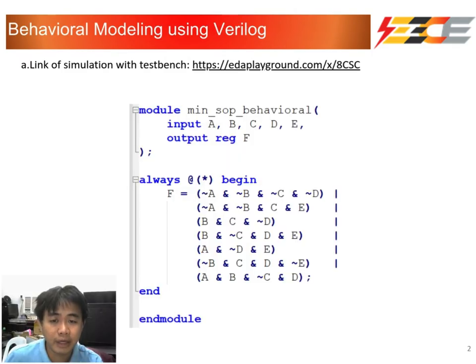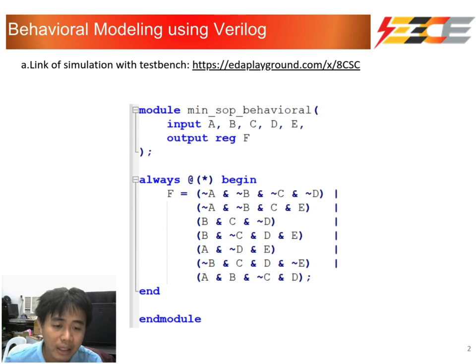So next, for the behavioral modeling using Verilog, this modeling describes the logic function in a high level and human readable way. The module has 5 input variables, again A, B, C, D, and E, and one output F, declared as a reg type because it is assigned inside an always block. The always at asterisk block ensures that F is updated automatically whenever any input changes, making it combinational logic.